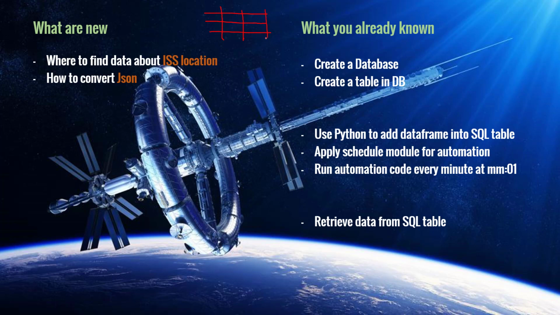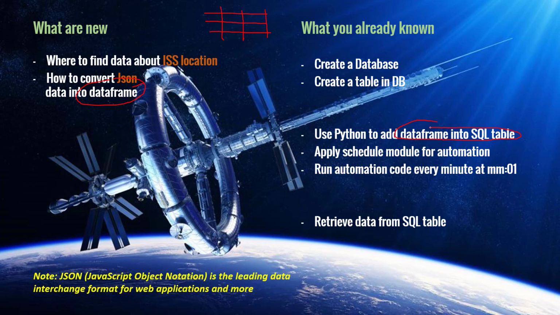However, it is saved in the JSON data format. And then I have to show you how to convert JSON data into a data frame so that you can add the data frame into a SQL table, right? And you may question, okay, what is JSON? JSON is JavaScript Object Notation, and it is very popular. It is a leading data interchange format for the web and a lot of applications.